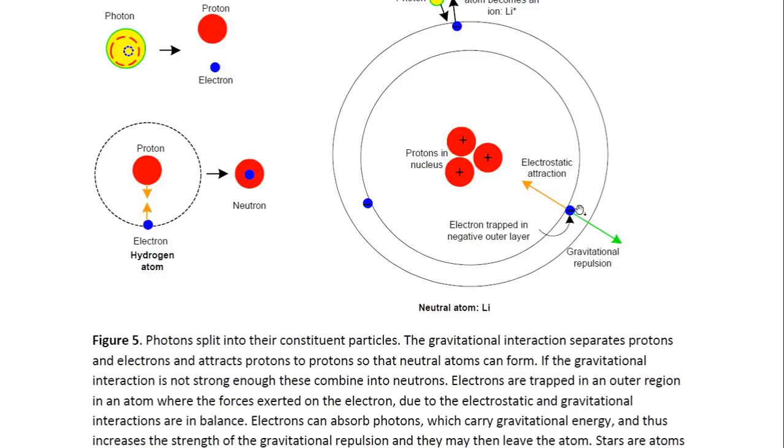3 electrons. And these electrons are kept in this region where the electrostatic attraction that the electron senses towards the proton is balanced by the gravitational repulsion that it feels from this proton. And where these two forces are in balance, then the electron will remain trapped in that region.